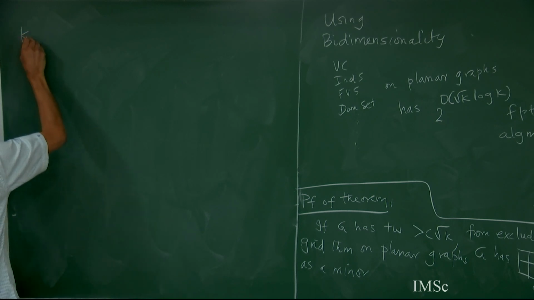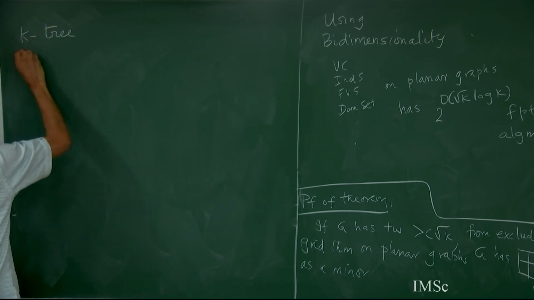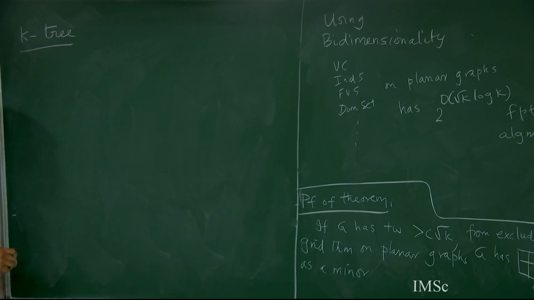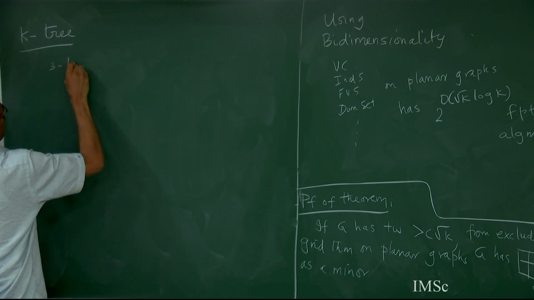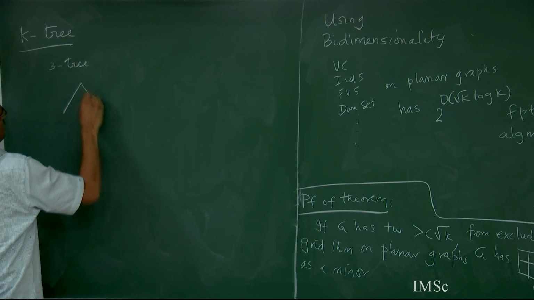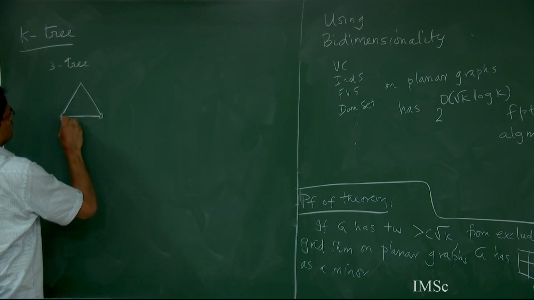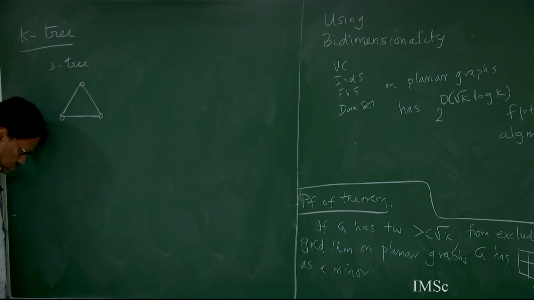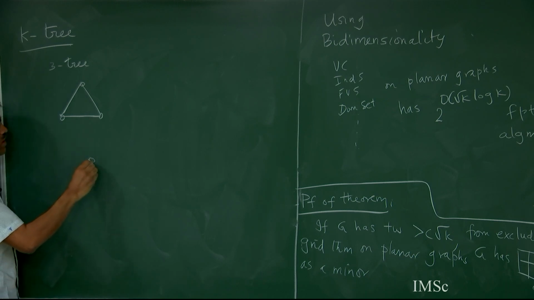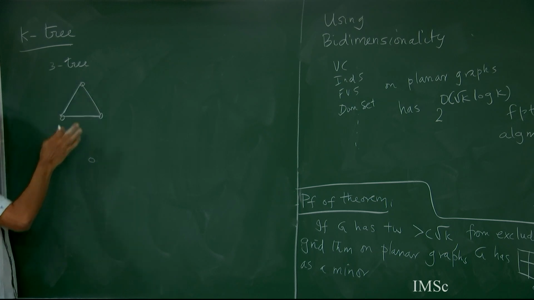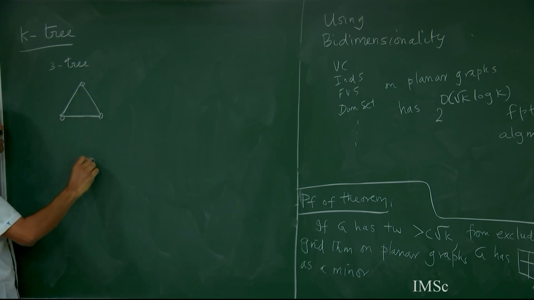So what is a k-tree? Here's the notion of a k-tree. Let me just do a 3-tree. Start with a clique on 3 vertices. Then I pick a vertex and choose some 3 vertices which already exist and add edges to it.